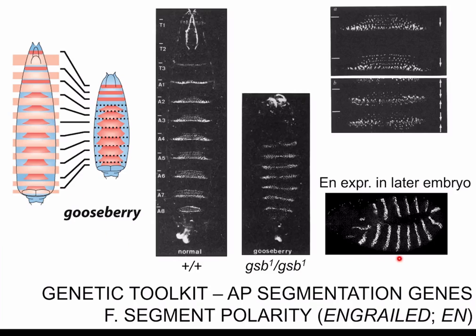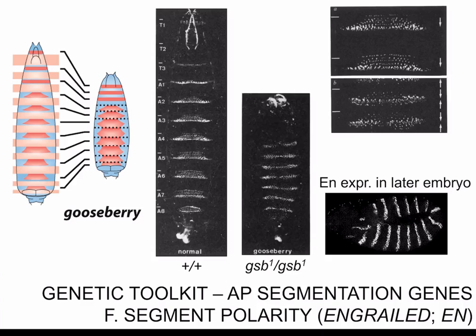And once again, when you look at the expression of these segment polarity genes, you find that they are expressed in stripes, 1 per segment. So there are 15 stripes of one segment polarity gene called engrailed over here, and it's expressed in the anterior part of each segment.